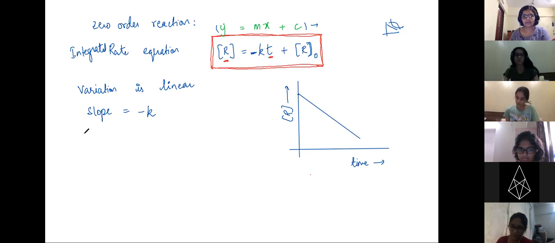Okay, and the y-intercept is going to be equal to, y-intercept meaning, where is it going to intersect the y-axis? So what value is this going to be?